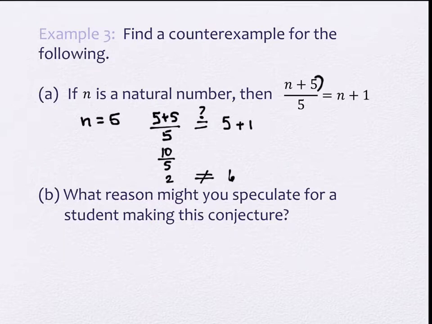Yeah, so they're reducing just this part, right? Just the 5 over 5 part, and they're ignoring that the 5 is also underneath the n. Do you guys see that? So they're doing some sort of incorrect reducing.